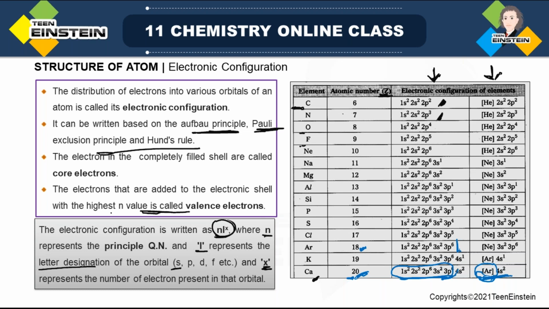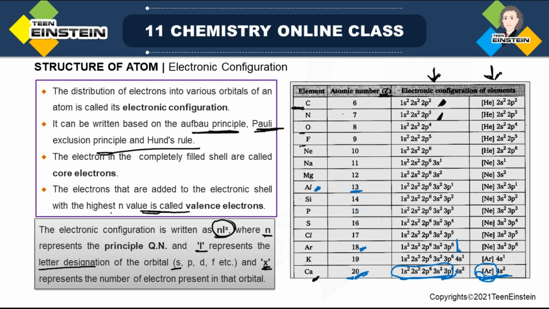Suppose it is 54 or 82, 83, then what will you do? Obviously, it is always better to choose the last noble gas, write that noble gas, and the rest of the electrons you have to fill according to all these rules, above, Pauli's exclusion and Hund's. Fine. Similarly, suppose we have taken aluminium. 13 is the atomic number.